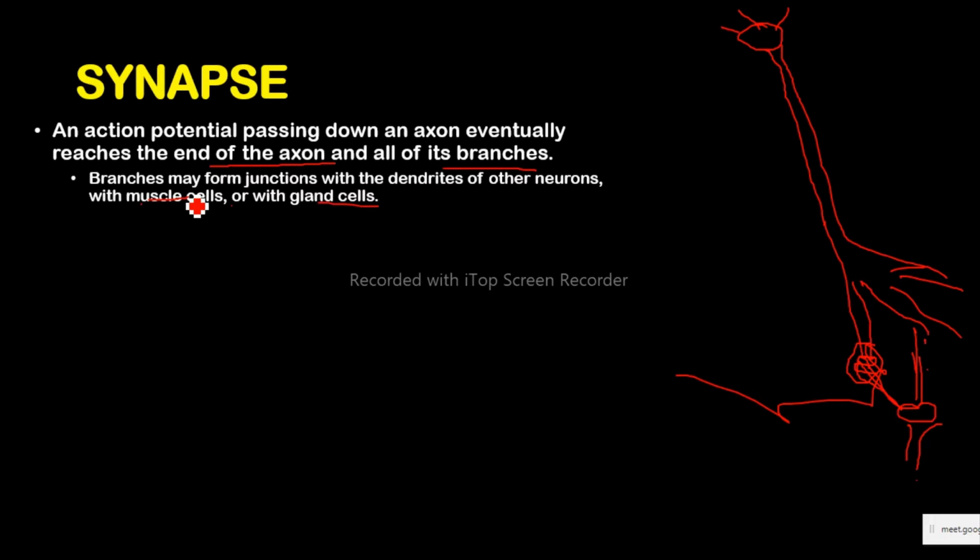But if it is a sensory neuron, then it will obviously form junctions with other neurons. Now, such junctions are called synapses. Okay? Such intercellular junctions are called synapses.